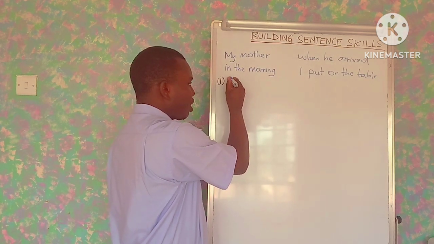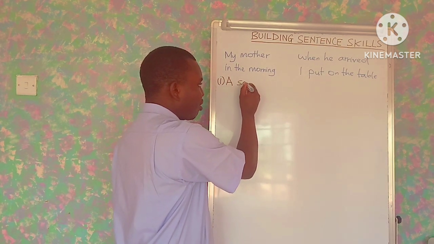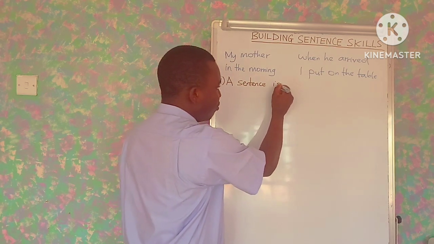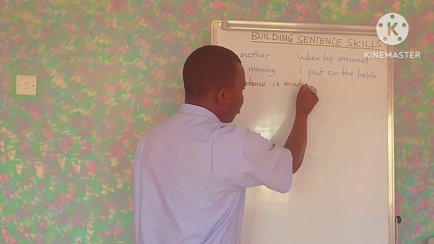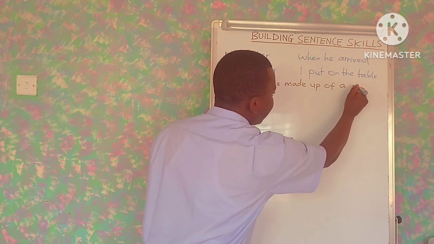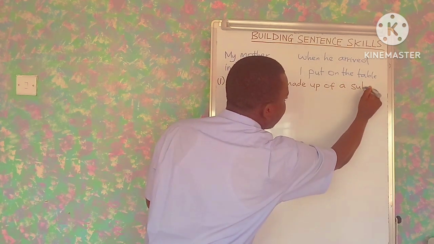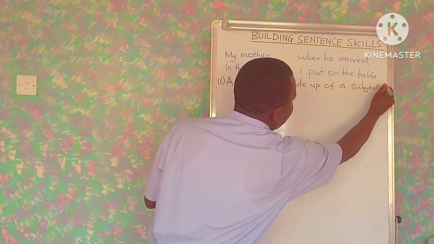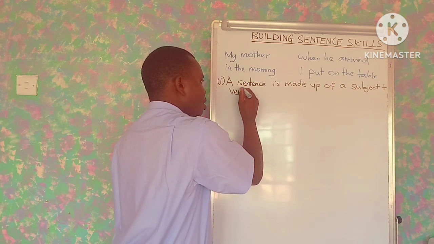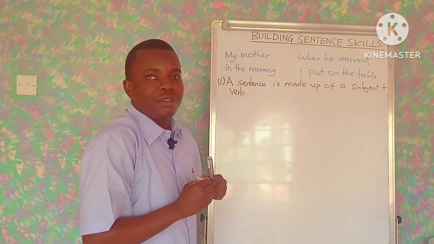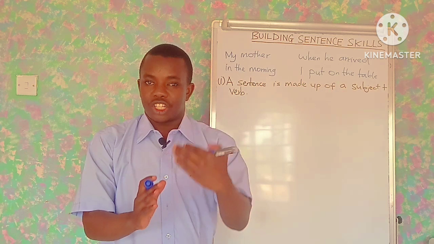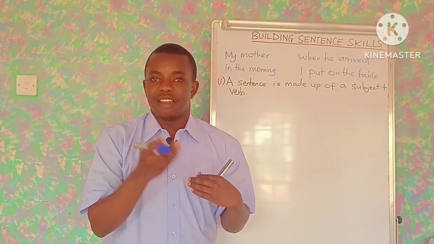So a sentence is made up of a subject plus a verb. Subject is always the doer of the action that is in the verb.